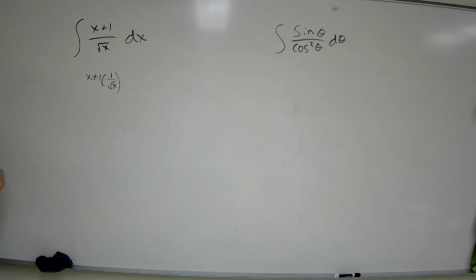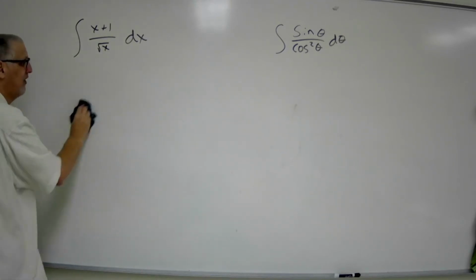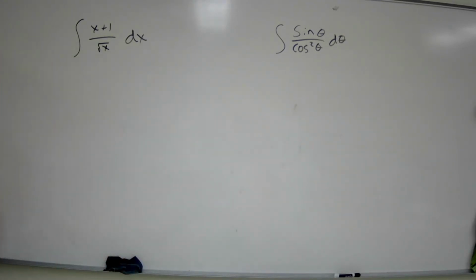What's another way of splitting this up, guys? I guess we could do it that way, but let's do it that way and see if we get the same answer as the way that I worked it on my paper. Anybody else have another idea?